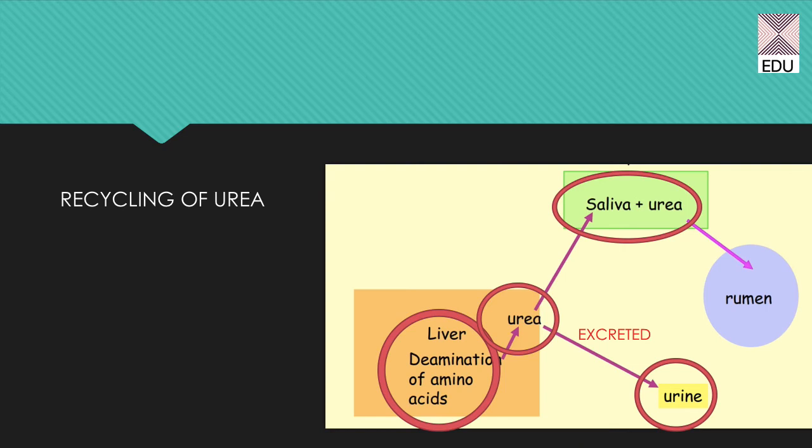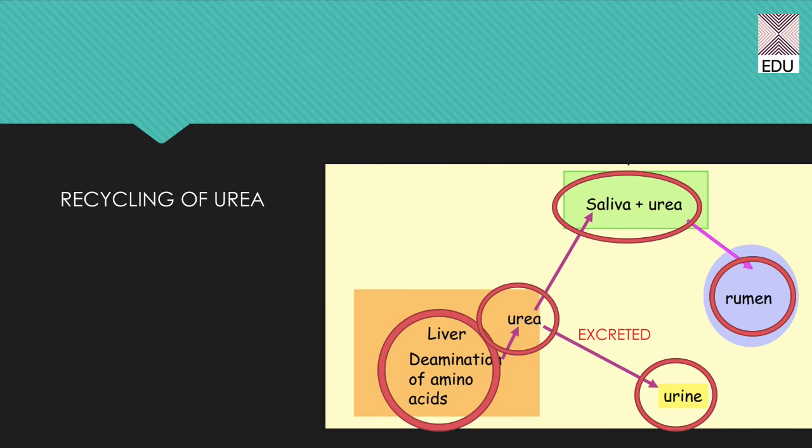This is a very important point: this urea is given to the saliva, and while regurgitation, when the chewing of the cud is taking place in the mouth of the ruminant, this urea is mixed with the food, and this urea is going into the rumen again.